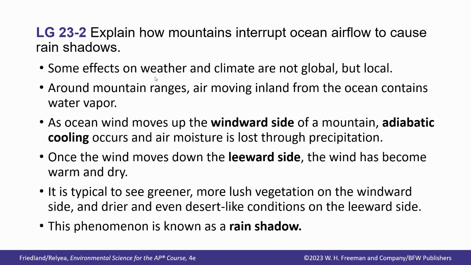Once wind moves down the leeward side, the wind has become warm and dry. It is typical to see greener, more lush vegetation on the windward side and drier and even desert-like conditions on the leeward side. This phenomenon is known as the rain shadow.